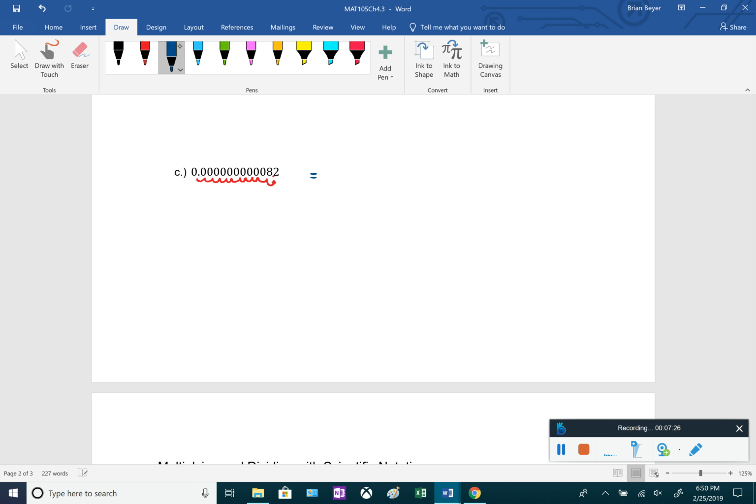So we get to 8.2. 8.2 times 10 to something. So we count the number of decimals: 1, 2, 3, 4, 5, 6, 7, 8, 9, 10, 11. It's going to be the negative 11th because we moved it to the right. And we should start with our answer here and think backwards to make sure it makes sense. 8.2 times 10 to the negative 11, we would be moving it to the left 11 places, which agrees with what we had.